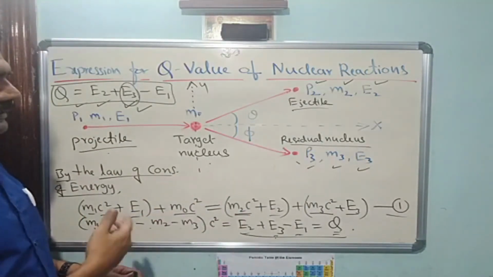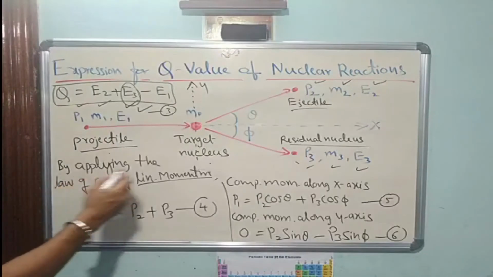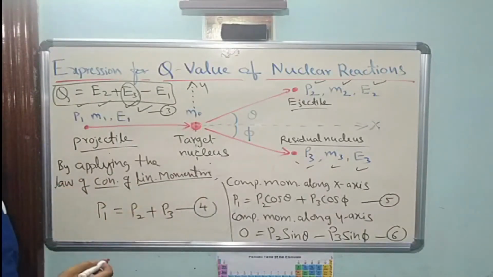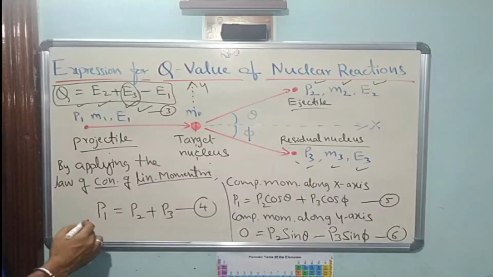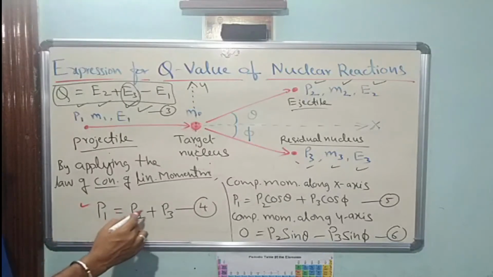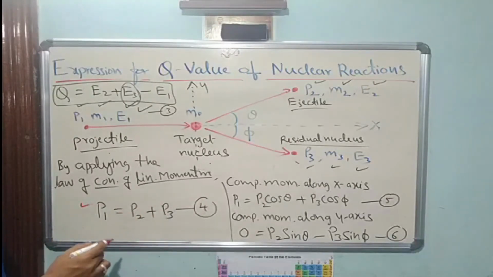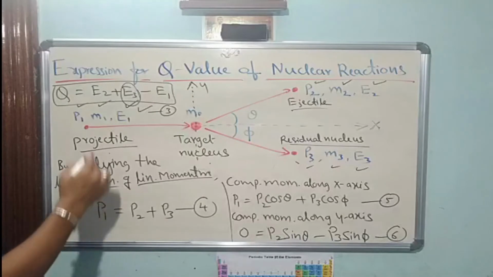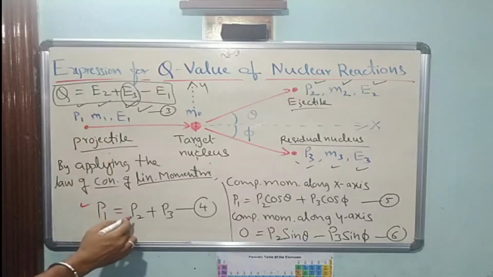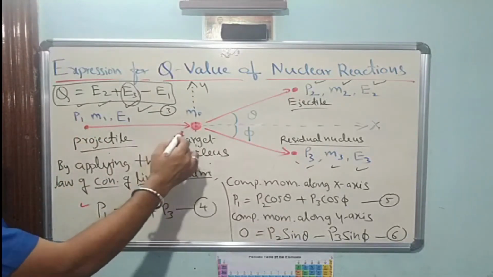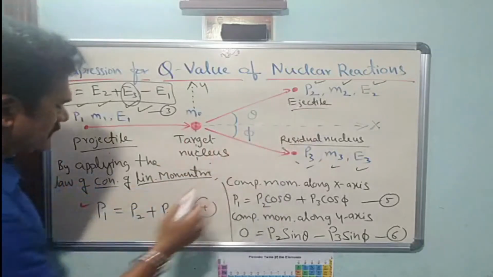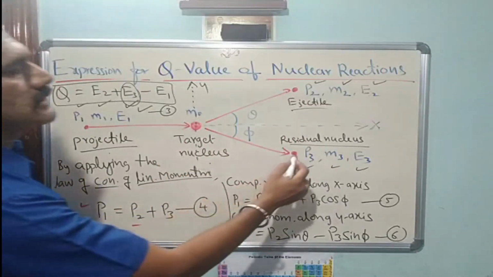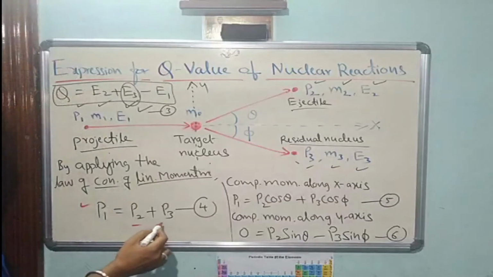Clear? Now let us see how we can proceed. By applying the law of conservation of linear momentum, we can write the equation as P1 is equal to P2 plus P3. That is, the momentum of the projectile is equal to the momentum of the ejectile plus P3, the momentum of the residual nucleus.